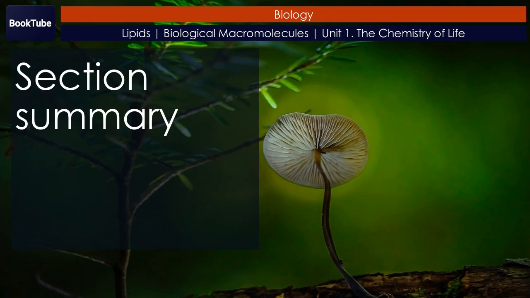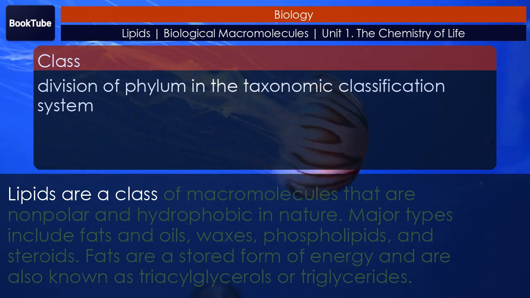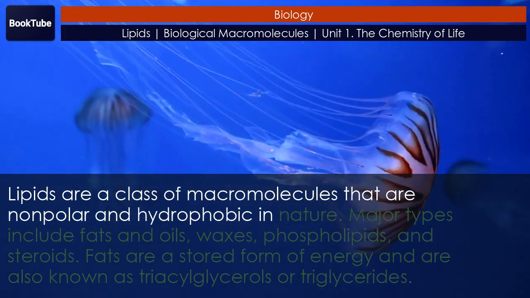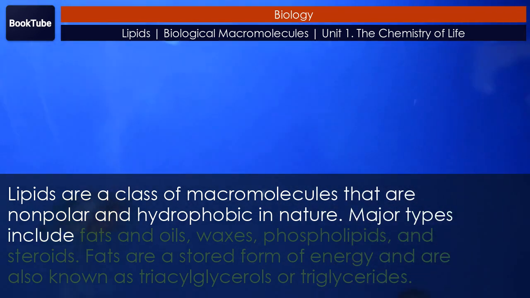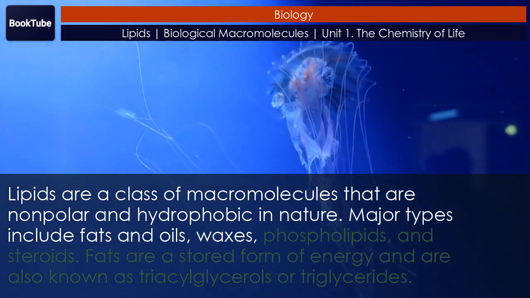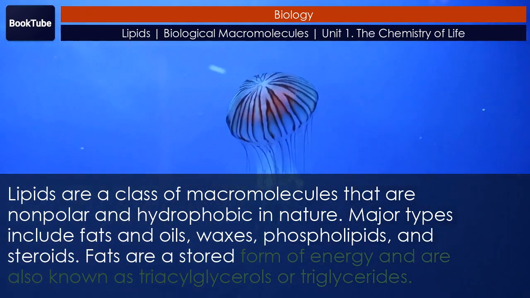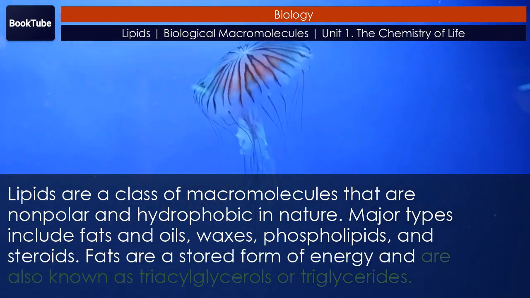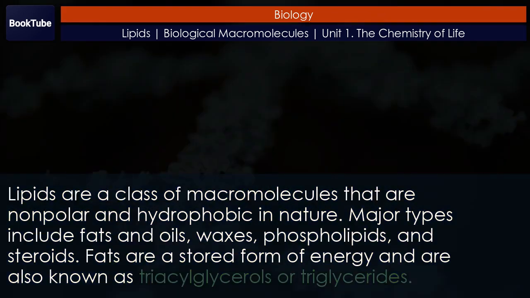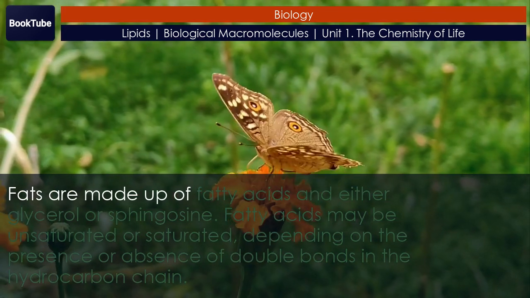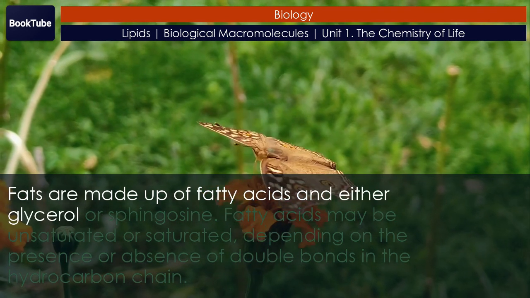Section summary. Lipids are a class of macromolecules that are nonpolar and hydrophobic in nature. Major types include fats and oils, waxes, phospholipids, and steroids. Fats are a stored form of energy and are also known as triacylglycerols or triglycerides. Fats are made up of fatty acids and either glycerol or sphingosine.